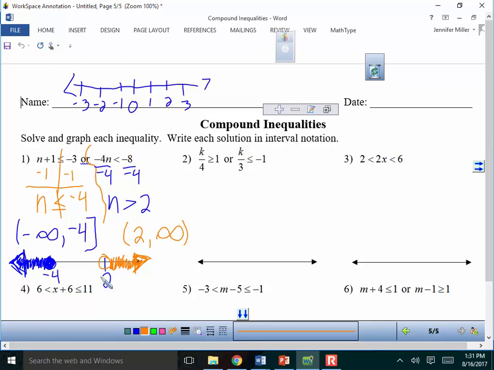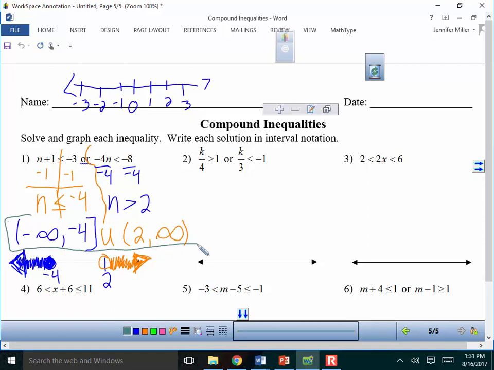Okay, so we're going to use this symbol, right? It's called a union symbol to represent the fact that our answer can either be blue or it can be orange. It's this and this, okay? Or, I'm sorry, this or this. Any number less than or equal to -4 or greater than 2 is part of our solution. So that's why we have to use that union symbol.